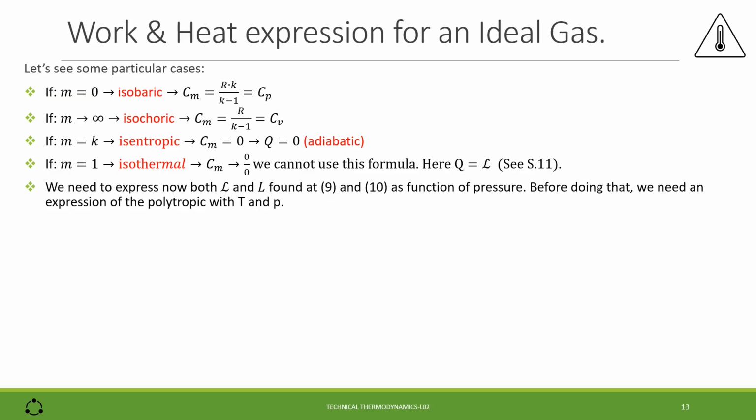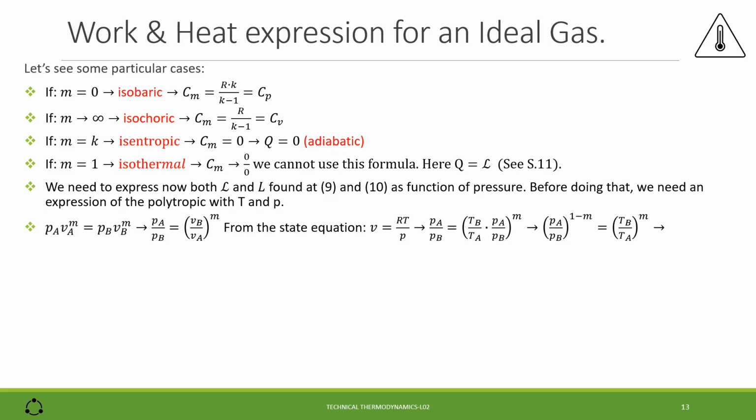function of the pressure. Before doing that, we need an expression of the polytropic with the temperature and the pressure. So we start from the polytropic expression, PA VA to the power m equals PB VB to the power m, and we express the ratio of the pressures as ratio of the volumes to the power m.